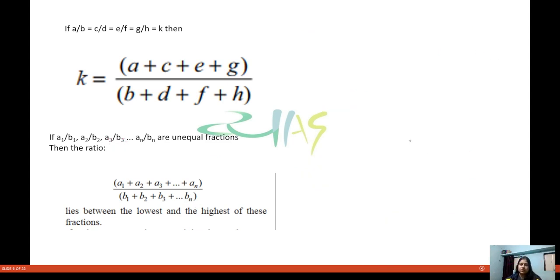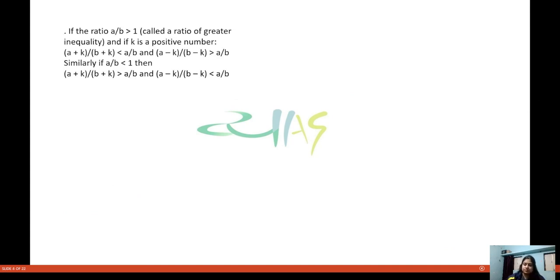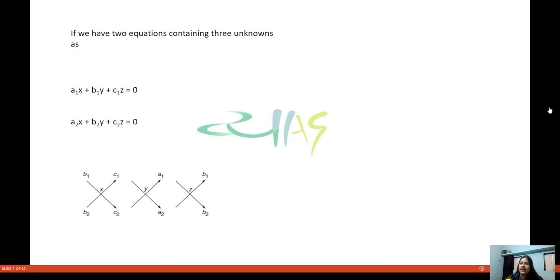Now let's move forward. If we have two equations containing three unknowns, you must always know this fact from linear equations: if we have two equations and two unknowns, this is easily solvable.